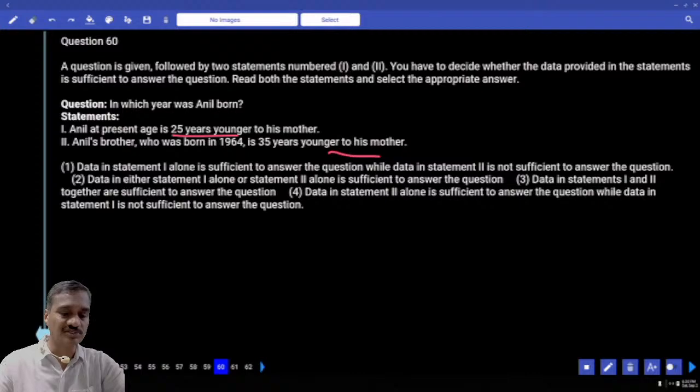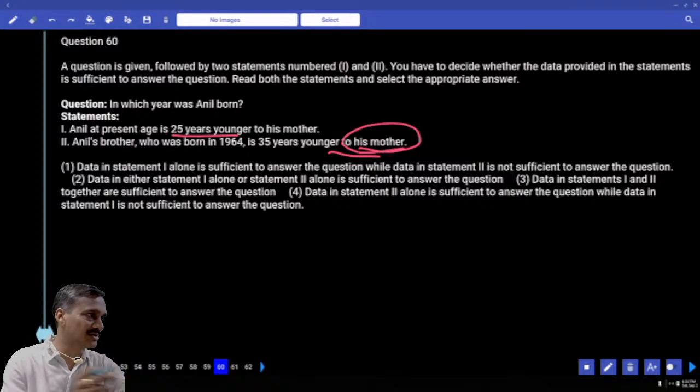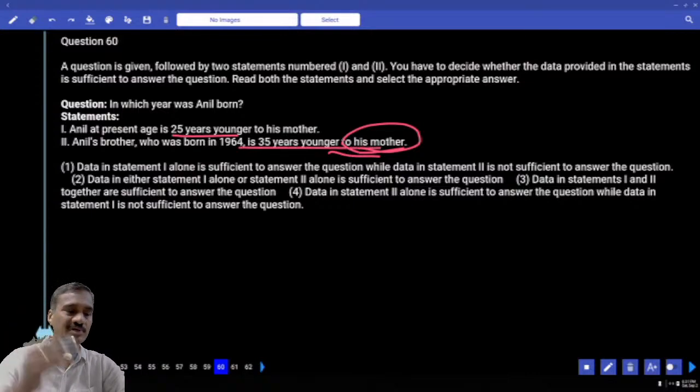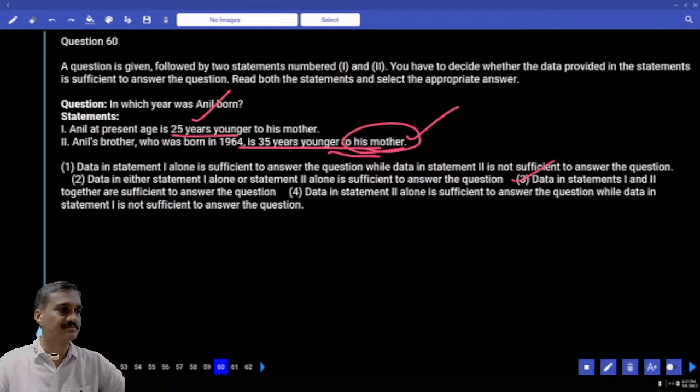That means 1964, and mother's birth year can also be identified. But with the help of 2 alone, we cannot find out Anil's age. Now Anil's mother's year of birth is known, and he is 25 years younger. With the help of this one, we can identify the answer. Hence, both the statements are required. That is choice 3, question number 60.